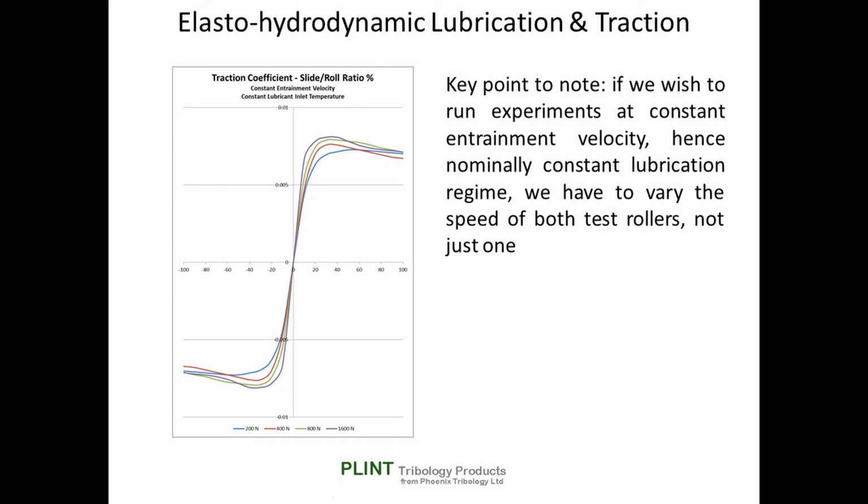A key point to note is that if we wish to run experiments at constant entrainment velocity, hence nominally constant lubrication regime, we have to vary the speeds of both test rollers, not just one.